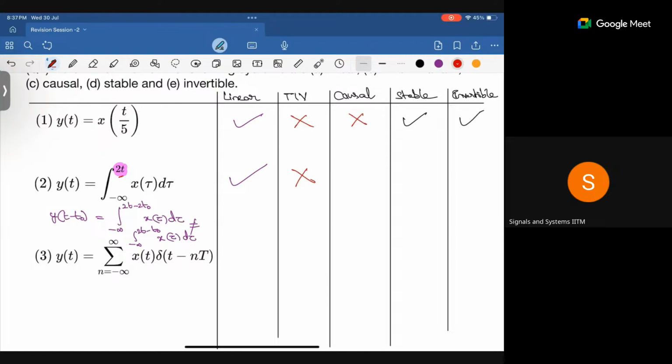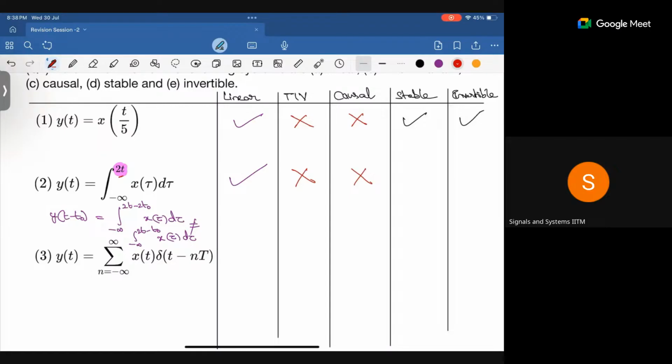So if I want to compute y of 1, I'll have to integrate from minus infinity to 2 of x tau d tau. That means I need to know the input values till 2, which makes me use the future values also. This is not causal.